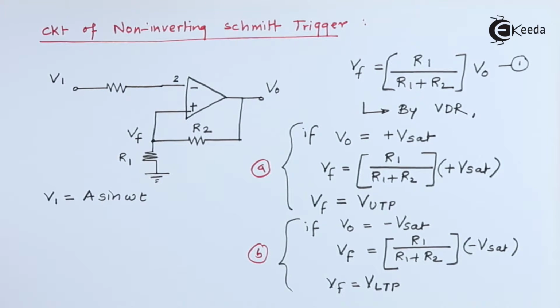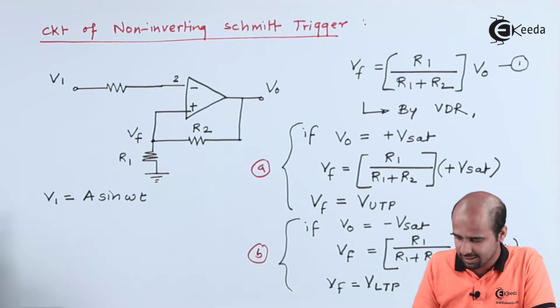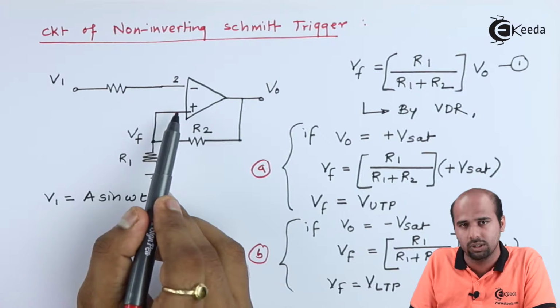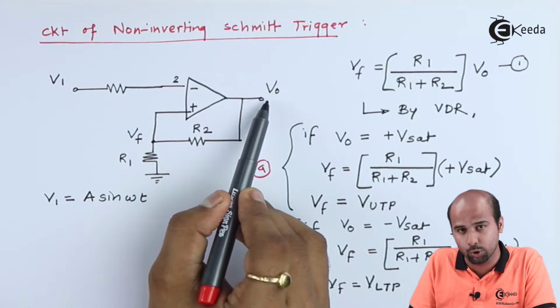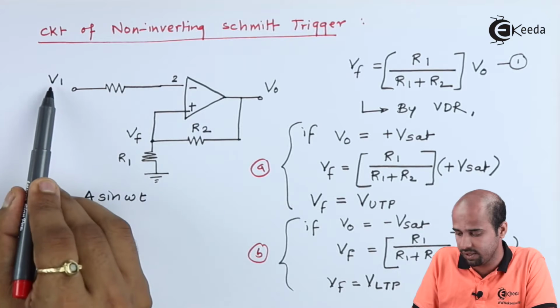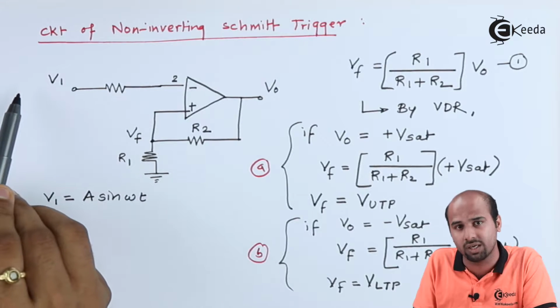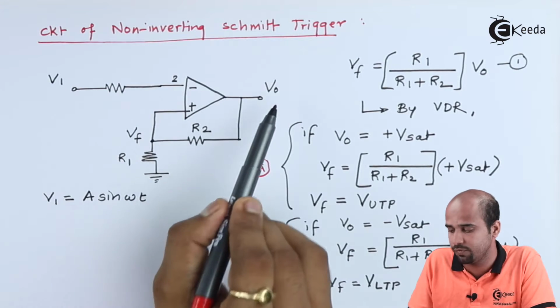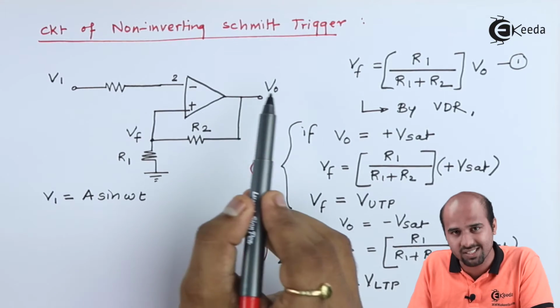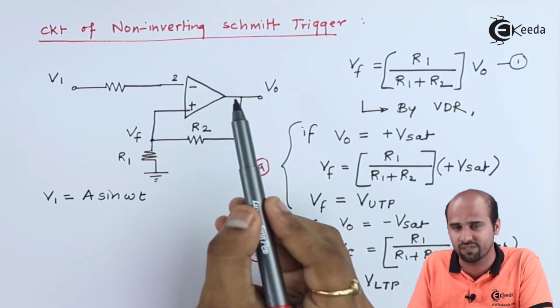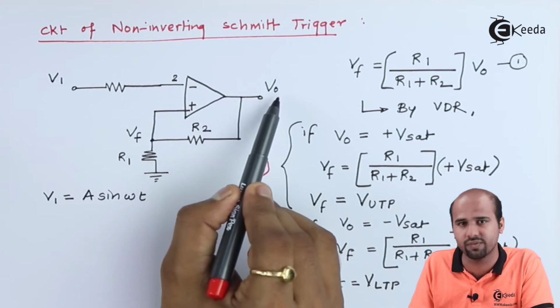Now you may be wondering why I am taking plus Vsat and minus Vsat, case A and case B. Mind well, this is acting as an input. To get the output VO, I am comparing V1 and Vf. So if Vf is greater than V1, then automatically your VO will change. In the next half cycle, or the next instant of time, we will get a change in the value of VO.